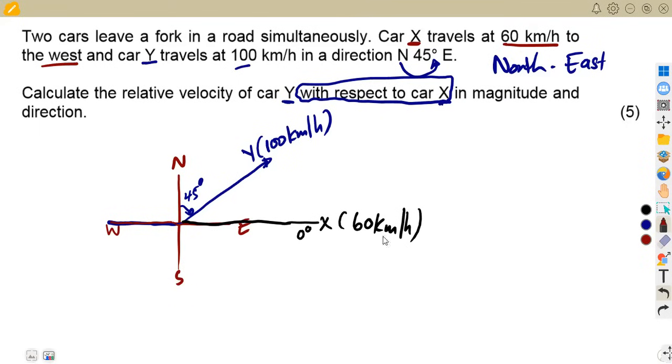We have to change its direction to reverse it. Considering our components, like I said, our angles are taken from the positive horizontal axis in the anti-clockwise direction, meaning we have to calculate this angle here, which is 90 minus 45, so it is 45 degrees.